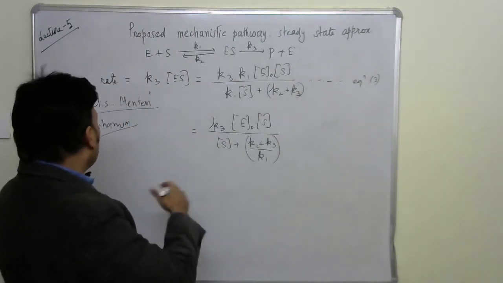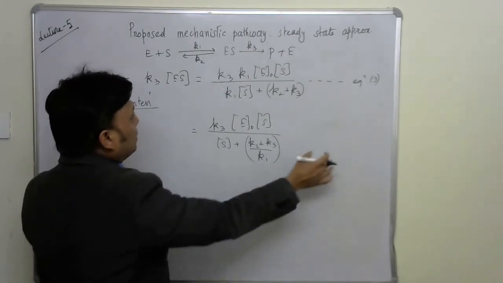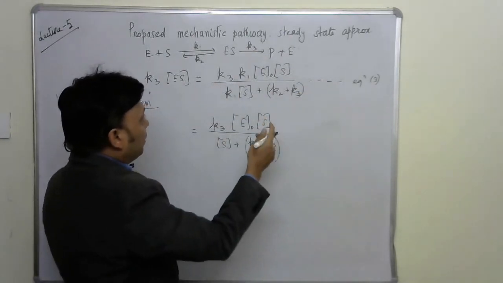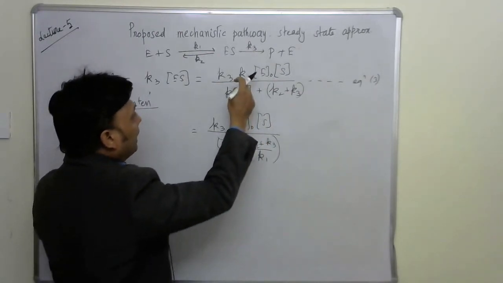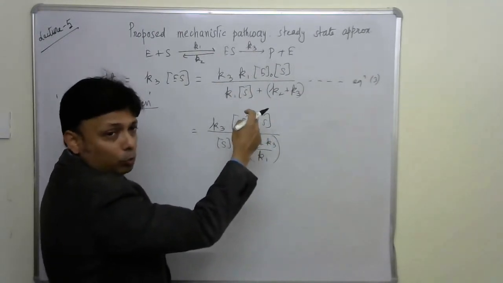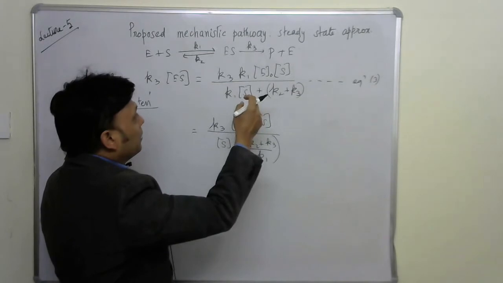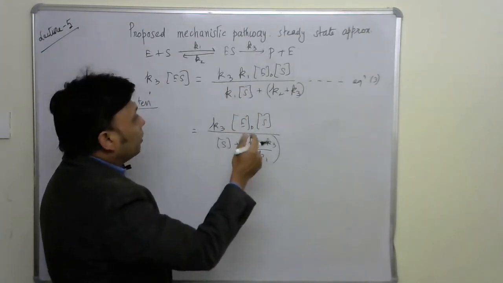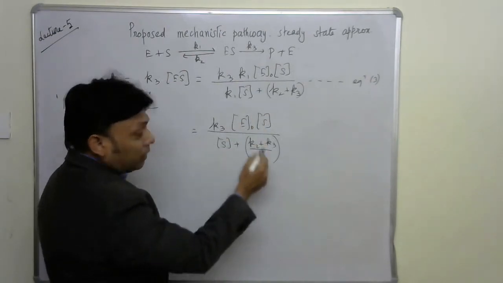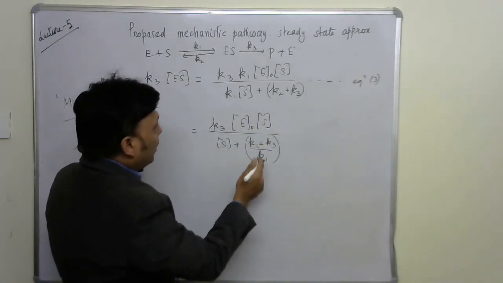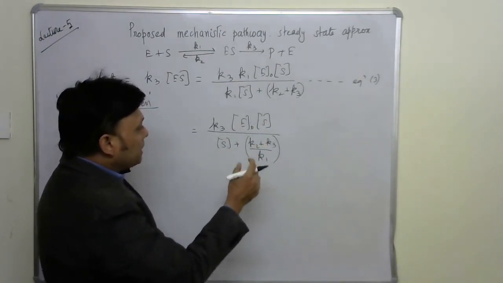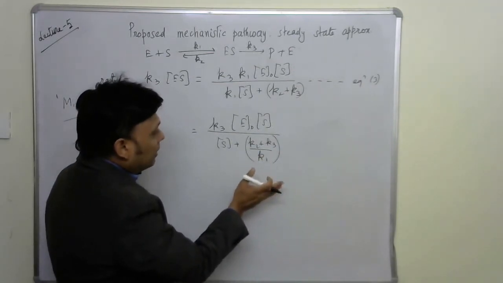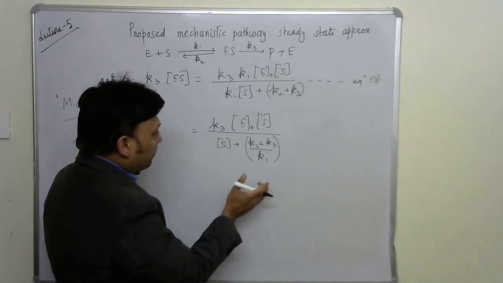In order to honor these people, this equation can be transformed a little bit by dividing both the numerator and denominator by K1. We get something like this, and now the equation looks a bit simpler, and we have one single constant in the denominator.